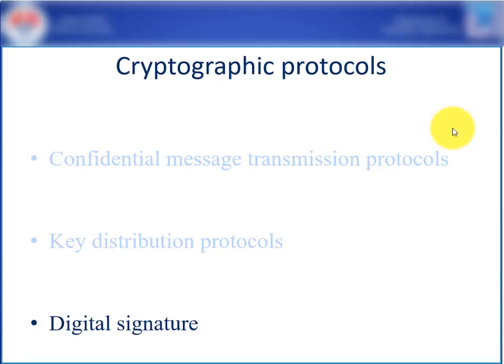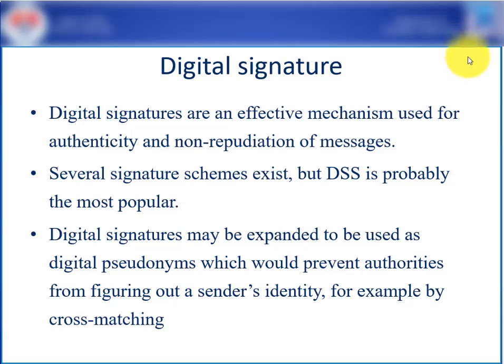Next, we consider how to use public key cryptosystems to digitally sign some document. But before, let us define what a digital signature is. So, digital signatures are very effective mechanisms used for authenticity and non-repudiation of messages.